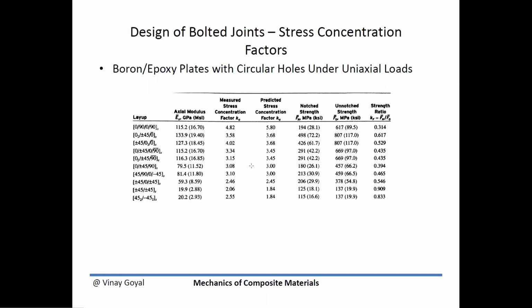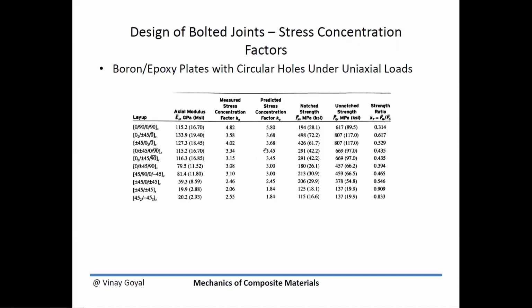And when I approach a quasi-isotropic laminate, they're more similar. So when you're approaching a quasi-isotropic laminate, things start to change and the analysis starts to match the measured stress concentration more. Very important to consider here, that's not a quasi-isotropic laminate, so you have a higher stress concentration compared to the predicted stress concentration factor.